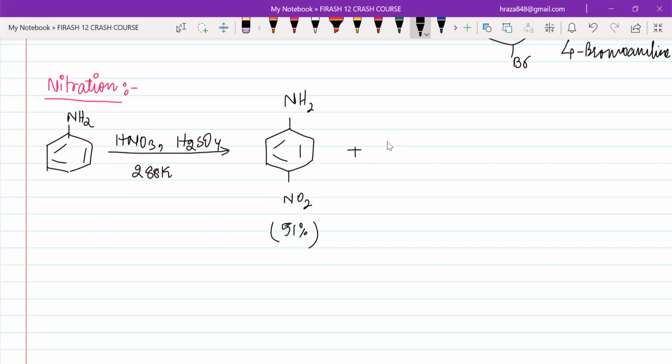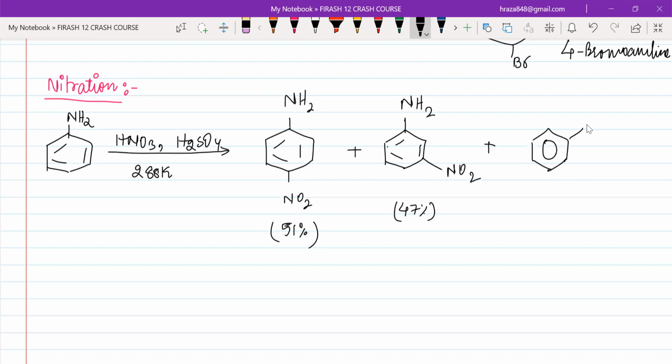And then we have another product, that is NO2 will be attached at this position, meta, which is 47%, and the lowest or the minor product will be ortho.